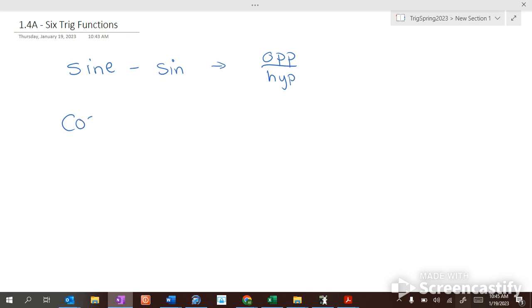The second one is cosine, which we abbreviate as cos, which is the adjacent side over the hypotenuse.